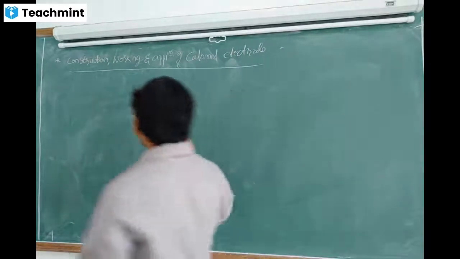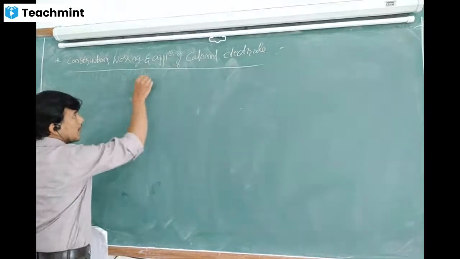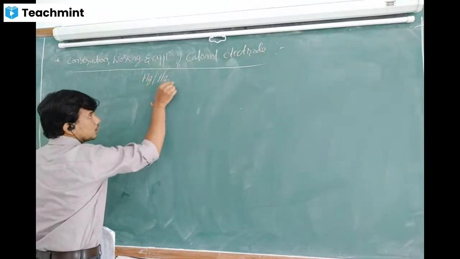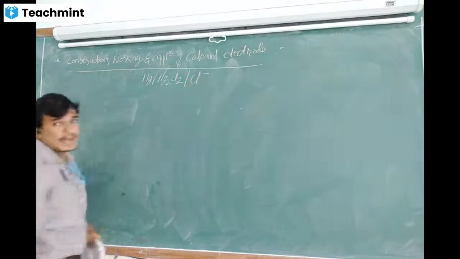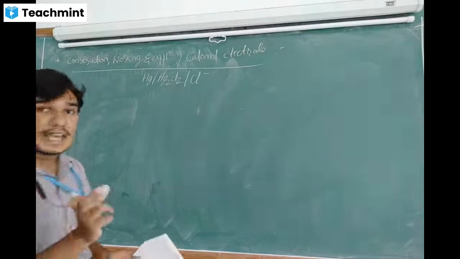Okay. So we can represent the calomel electrode as Hg | Hg2Cl2 | Cl-. So tell me, this one is which type of electrode?